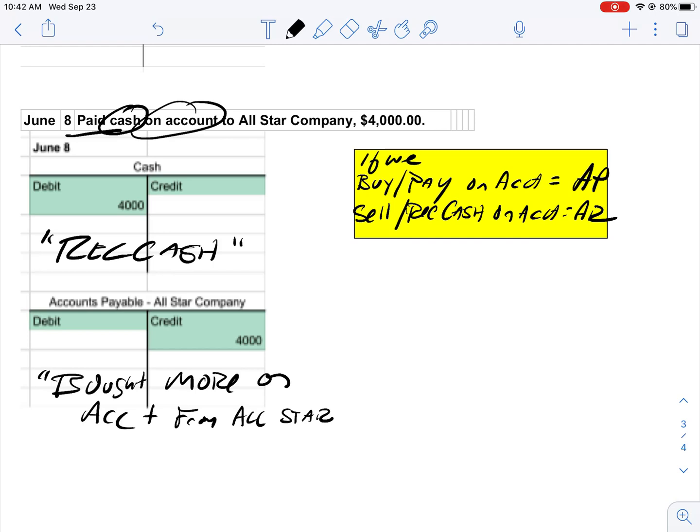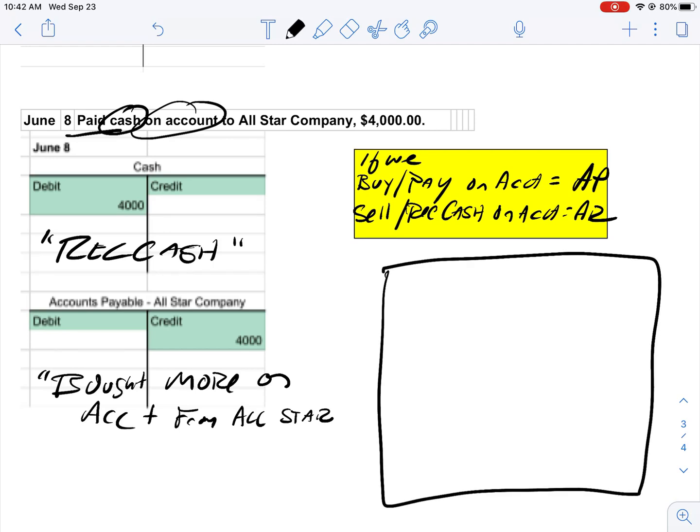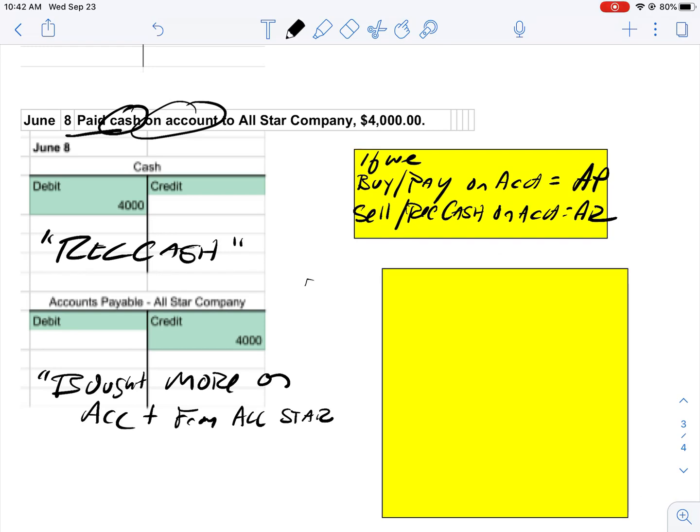Okay, last thing that I'll just basically say, just a kind of reminder for you to help you with this. Remember my 2.5 rules. One is, remember, we're going to have a minimum of 2 accounts per transaction.